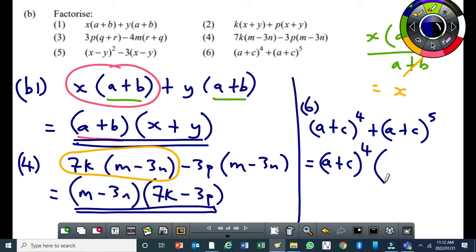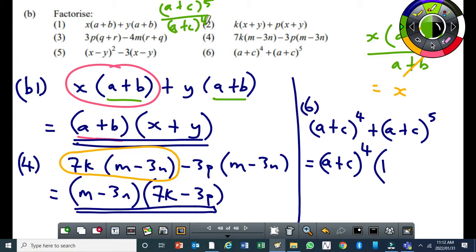Okay? Now, what is a plus c to the power of 4 divided by a plus c to the power of 4? 1. So we put the 1 there. We're following that. Then, what is a plus c to the power of 5 divided by a plus c to the power of 4?